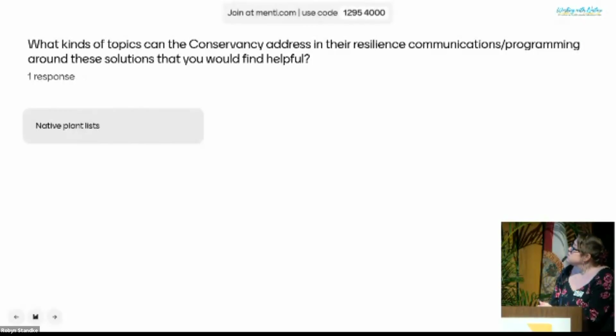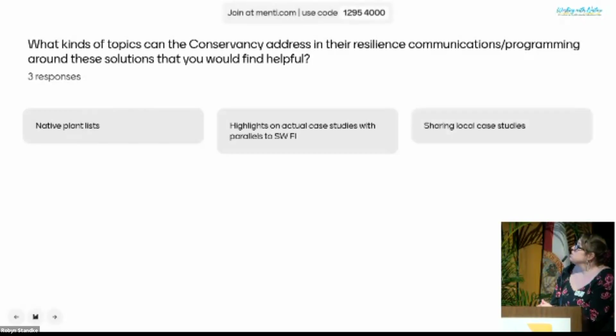Okay, native plant lists. Okay, highlights on actual case studies with parallels to Southwest Florida. Okay, more in the local case studies.